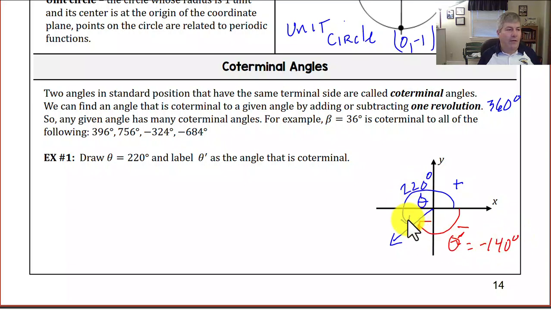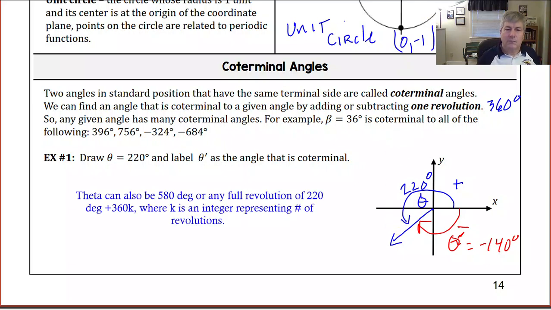And those two angles are coterminal. And in our note here, we can see that our angle theta can also be 580 degrees, or any full revolution of 220 plus 360k, where k is an integer. And of course, that represents the number of revolutions that we would have, because we're multiplying k times 360, or a full revolution. And we could also do minus 360k as well.